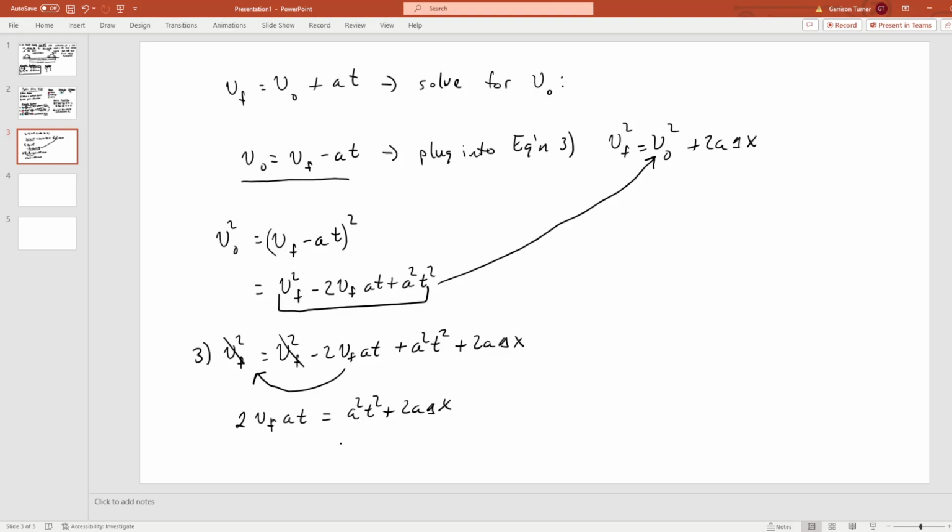And finally solving for VF is going to be A squared T squared plus 2A delta X, and that's going to get divided by 2AT.